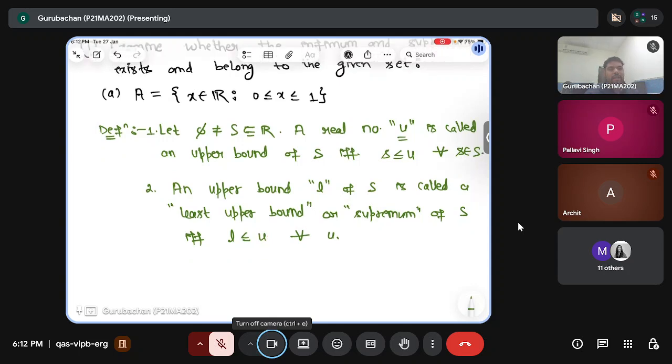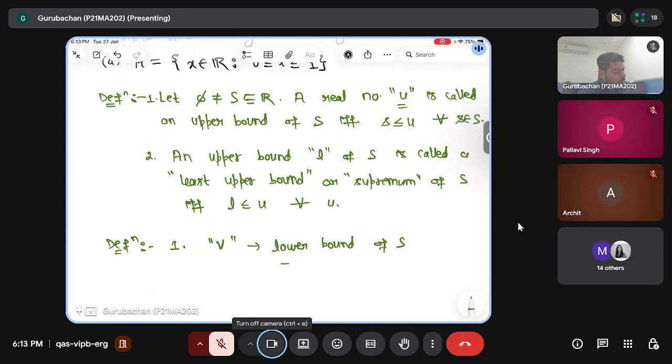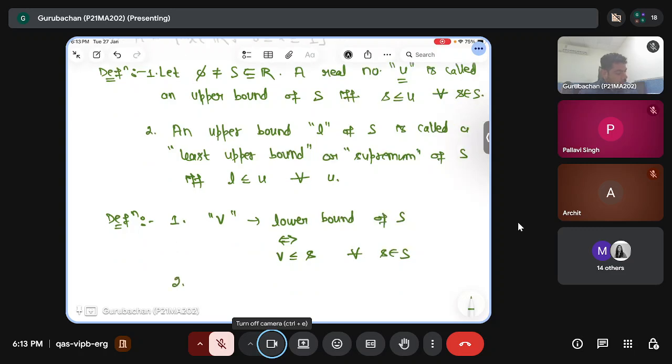In the same way, you may define the infimum, or you can say the greatest lower bound. So what will be the change in the case of infimum? I am just mentioning the inequality. In the case of infimum, suppose v is a lower bound of S. That means if and only if v must be less than or equal to s for all s in S. Next one is the greatest lower bound, or you can say infimum.